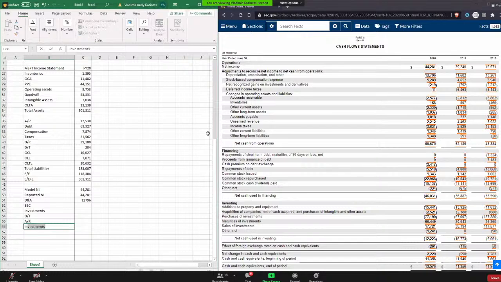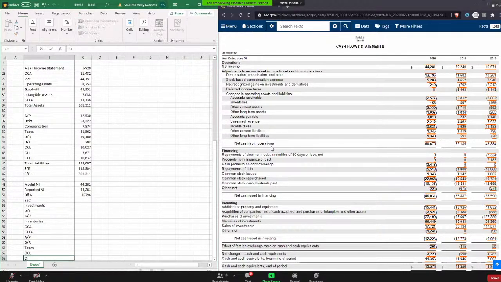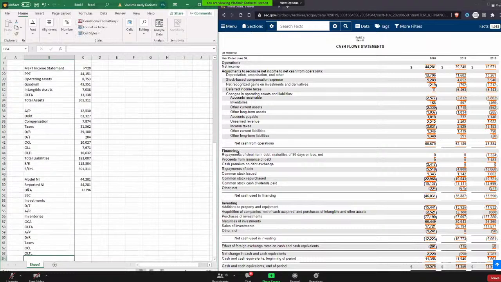Then we got inventories, so this is where the money is being spent. Other current assets, other long-term assets, accounts payable, deferred revenue, unearned revenue. We're going to call that deferred revenue. Okay, let's see. We have taxes, other current liabilities, other long-term liabilities. Okay, let's put it all in.